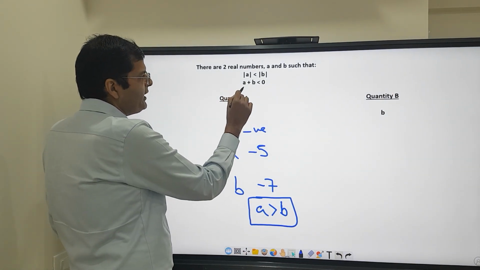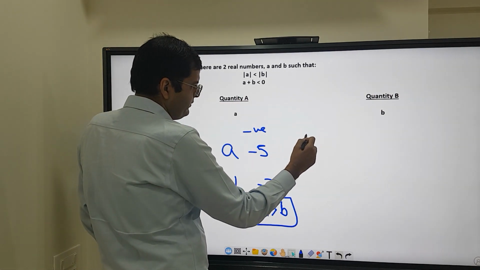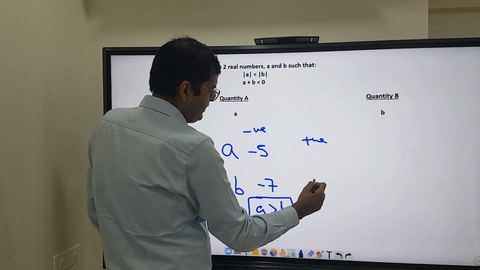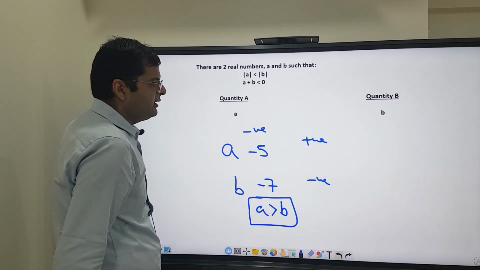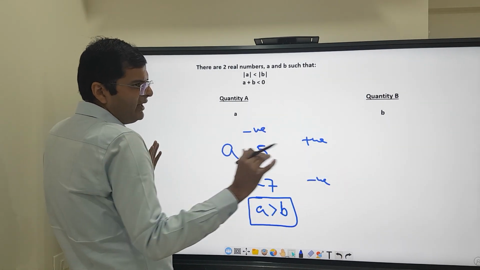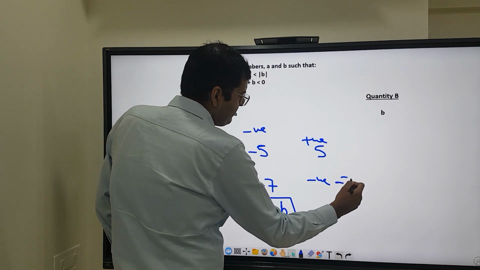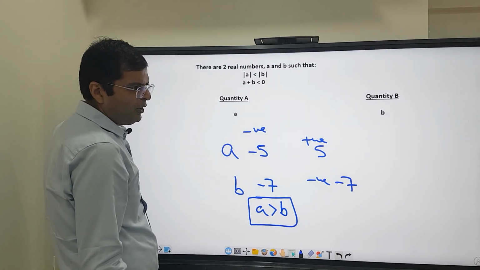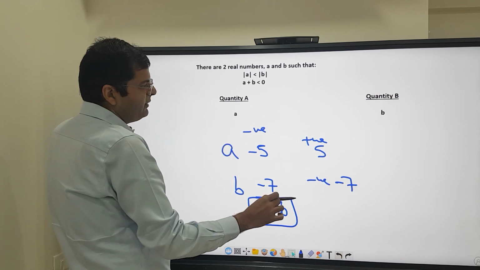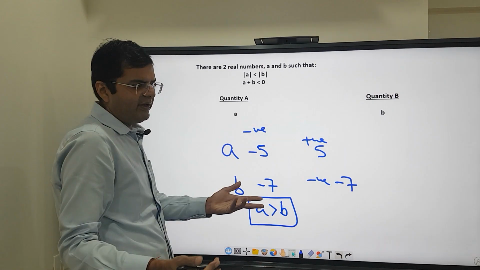What is the other option for a plus b to be negative? When a is positive and b is negative. Now this is a possibility, but b is negative and has a much higher magnitude. So if a is 5 and b is minus 7, this is possible. a plus b is negative, the absolute value of a will be 5 and the absolute value of b will be 7.